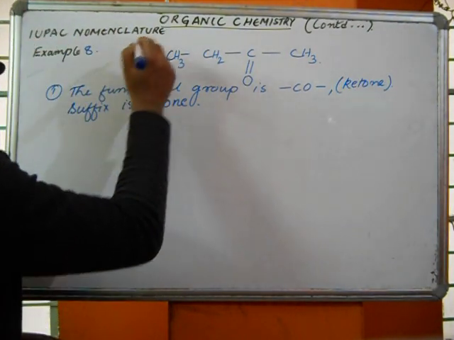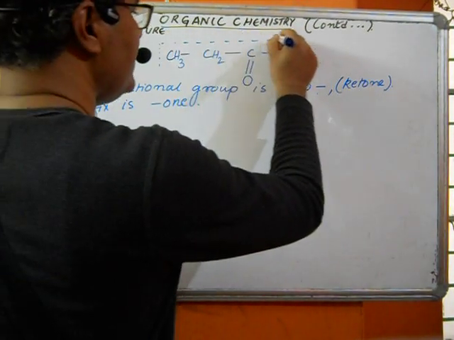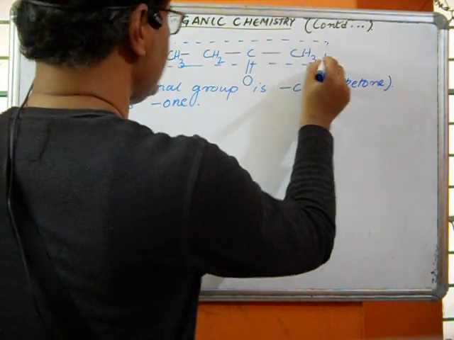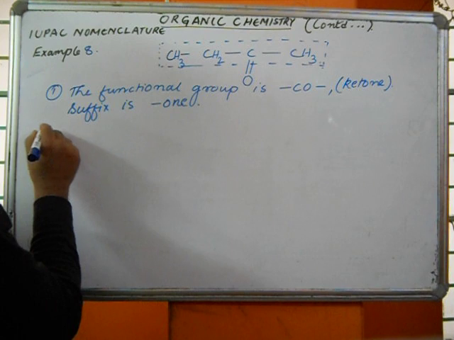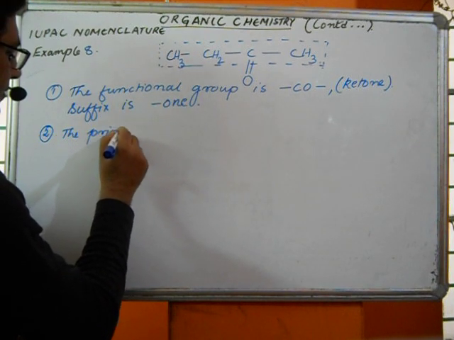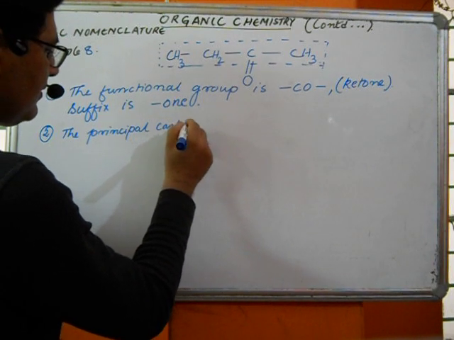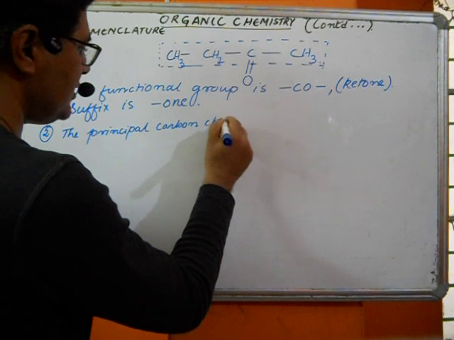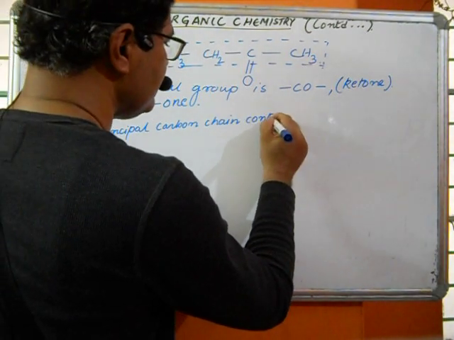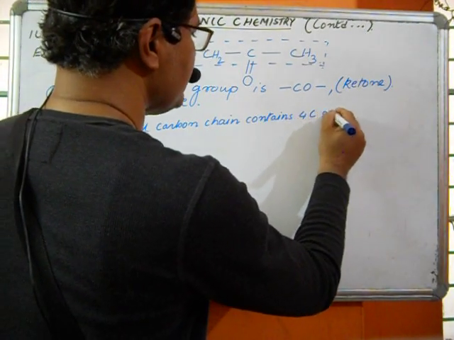Now, once again the principal carbon chain. The principal carbon chain over here is like this. This is my principal carbon chain. It contains 4 carbon atoms.